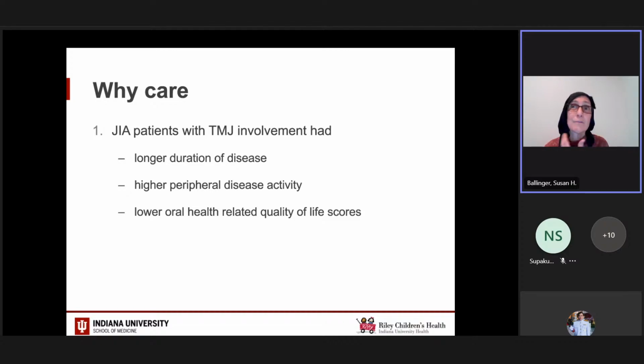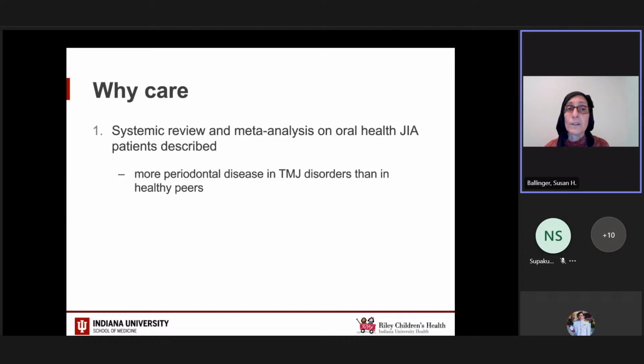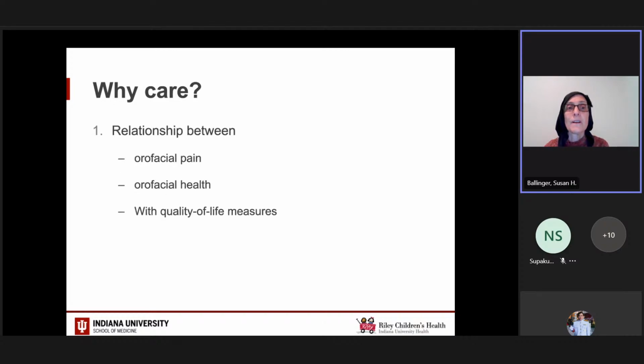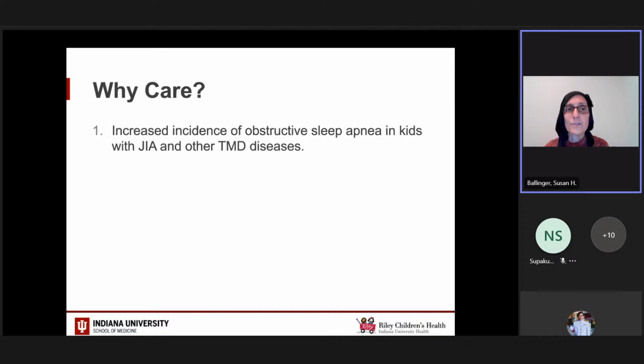If you can't open your mouth, you can't really get in there to do your oral hygiene, and then you end up with more disease. There is one systemic review and meta-analysis on oral health in JIA patients. And again, they have more periodontal disease and TMJ disorders from lack of oral hygiene. There's a relationship between orofacial pain, orofacial health, and quality of life measures.